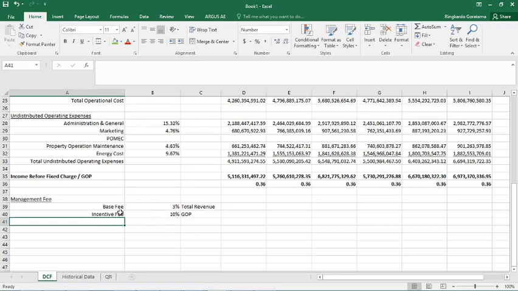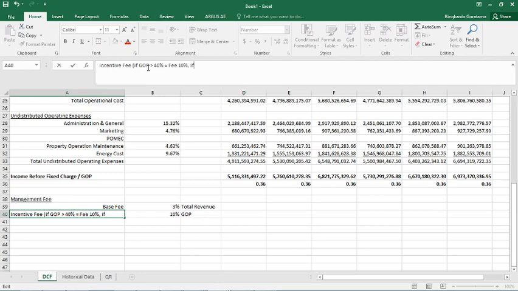So let's say for incentive fee, if GOP more than 40%, the fee is 10%.